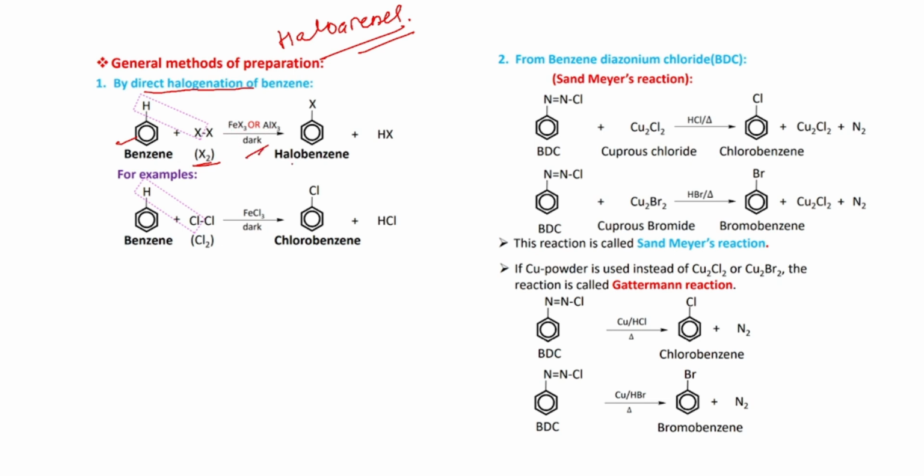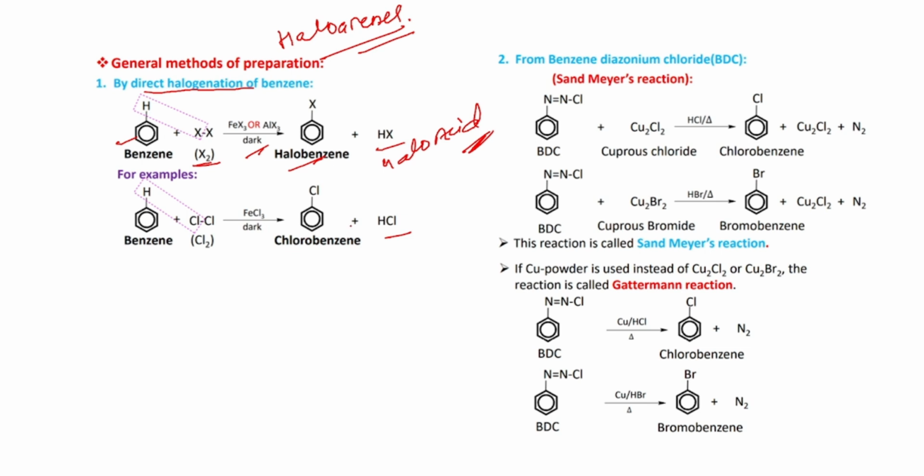In dark it gives halobenzene, यो H सँग replace हुन्छ and it gives halobenzene and HX, that is haloacid as a byproduct.